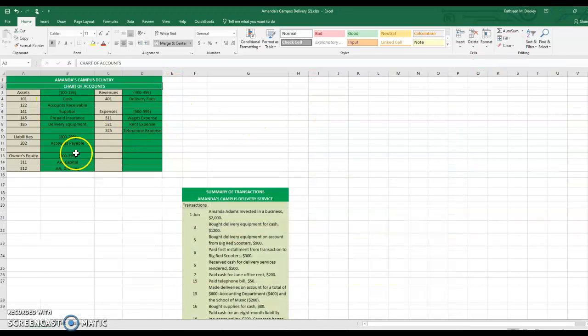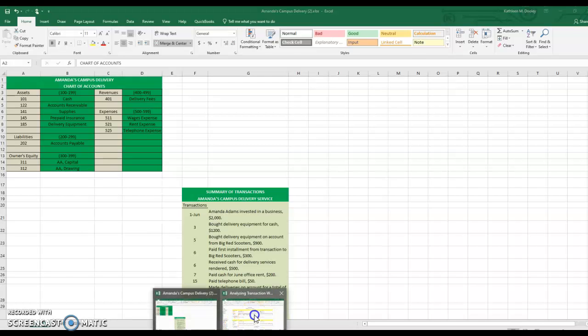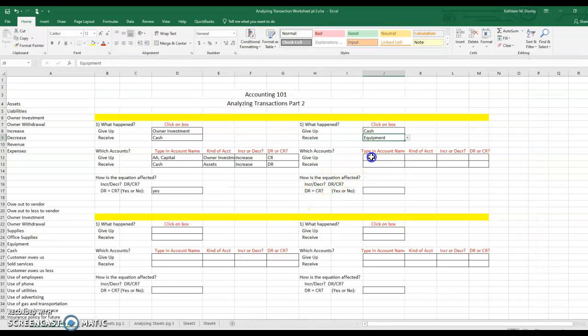So when I look at my chart of accounts, I do have a delivery equipment account and I have a cash account. So that makes it easy. So the give up is cash, and what we received, the account name we're going to use is delivery equipment.